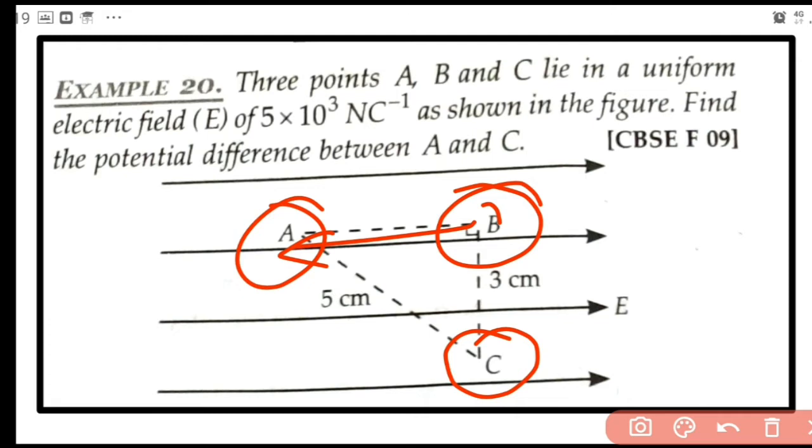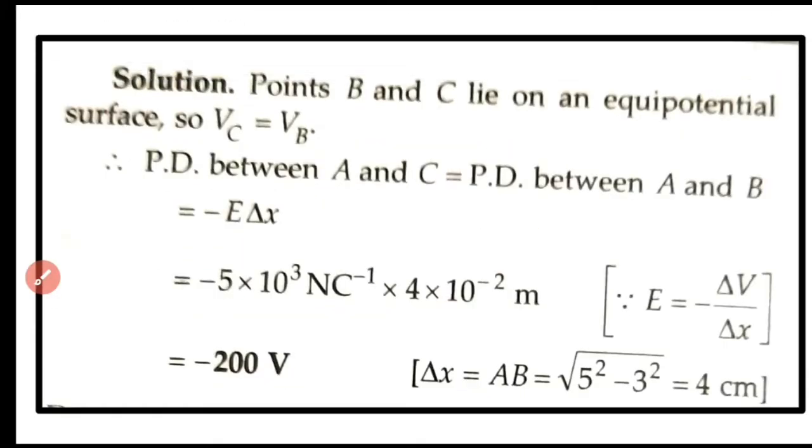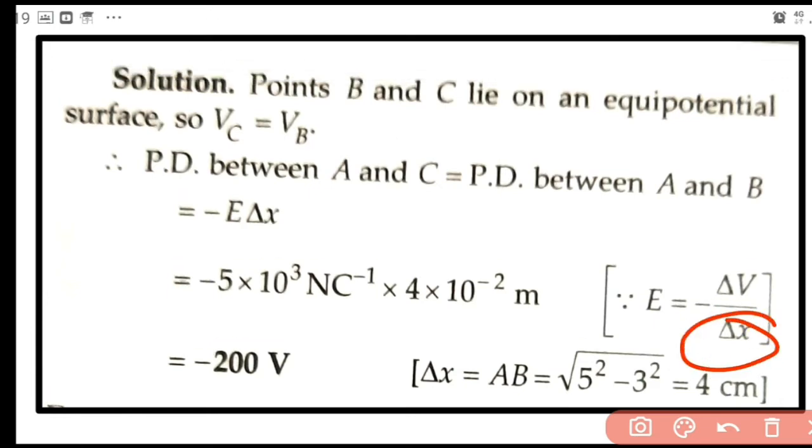Applying our expression E is equal to minus delta V by delta X, that delta X is the distance of side AB. Electric field is given, so we get delta V as minus E into delta X. Substituting, we get the expression as minus 200 volt.